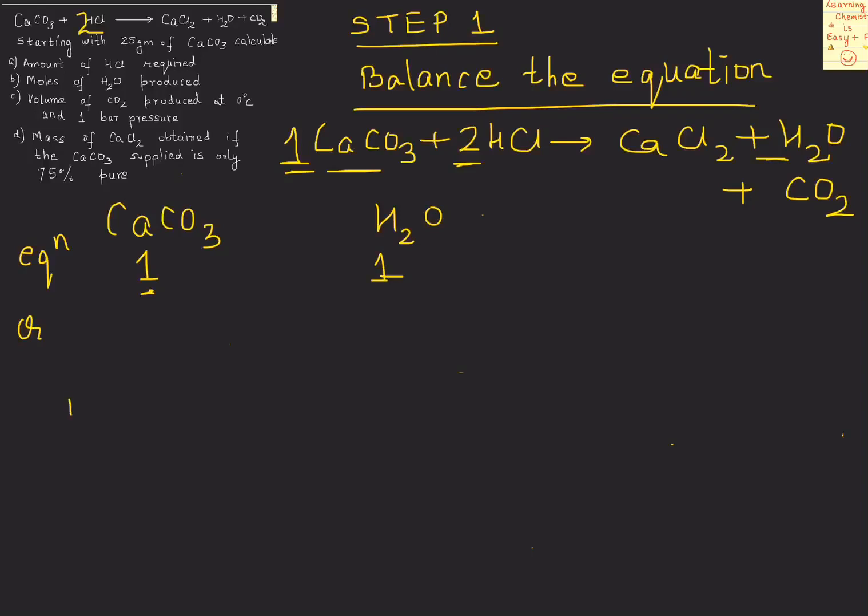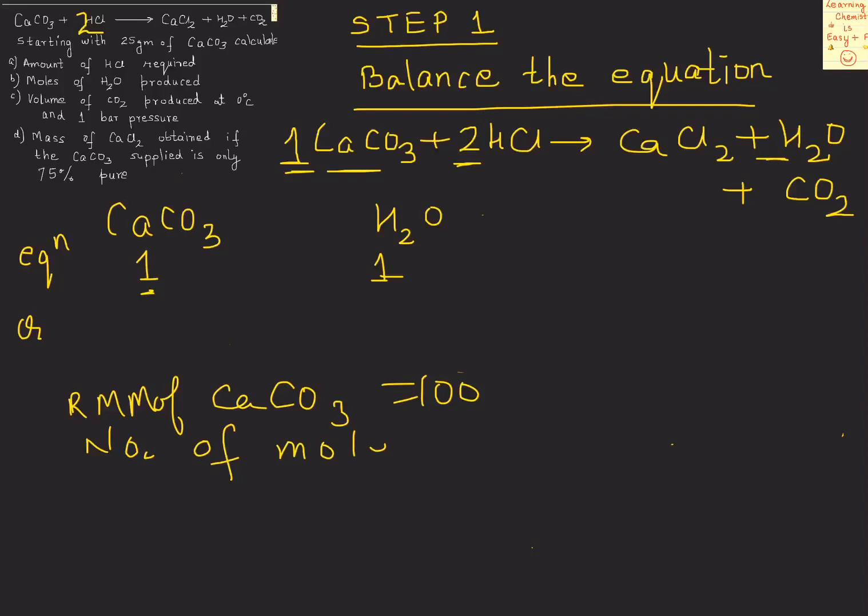let's do this. So, RMM of calcium carbonate, that we've already done, that was 100. Yes. So, number of moles was, very good, it was 1 by 4. Number of moles of CaCO3 is equal to 1 by 4.